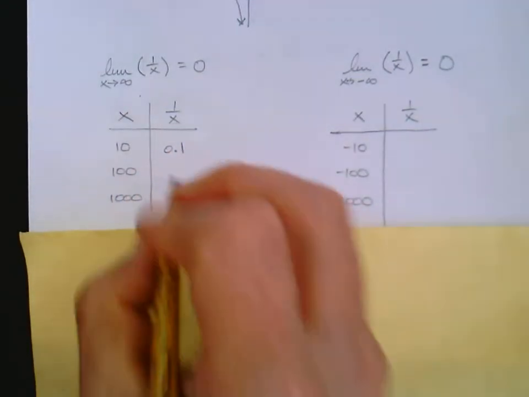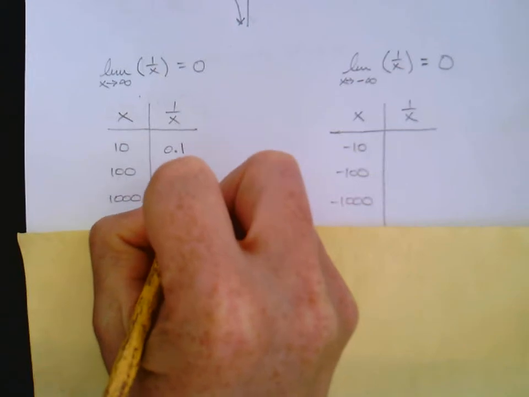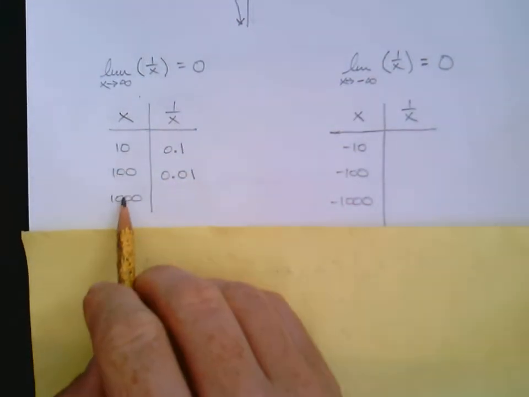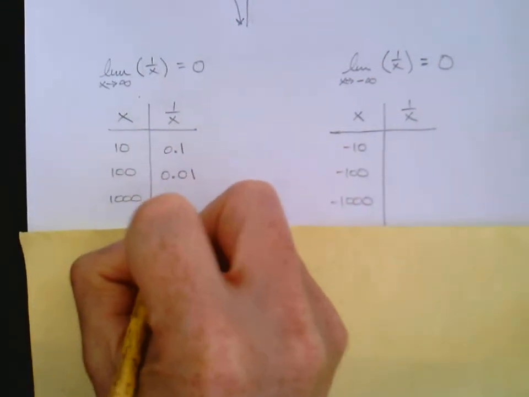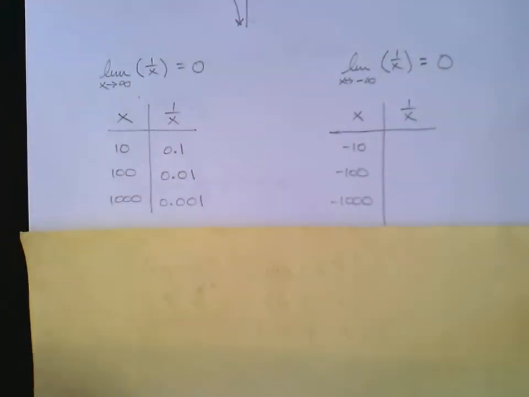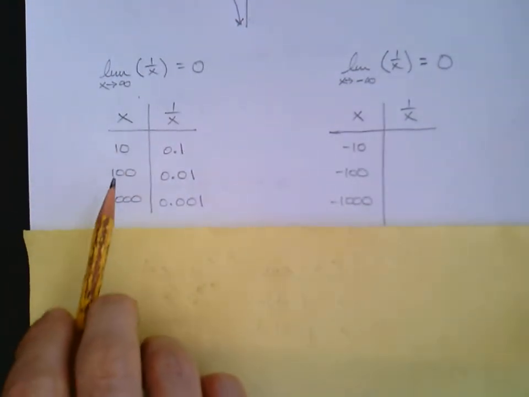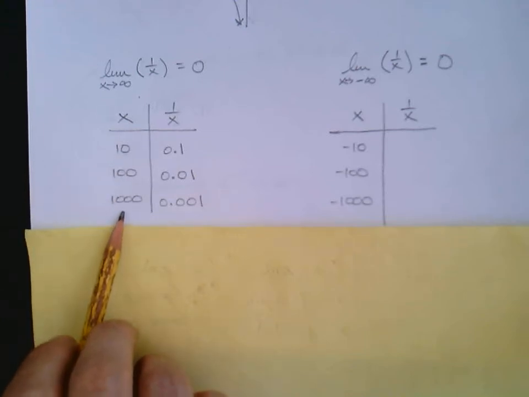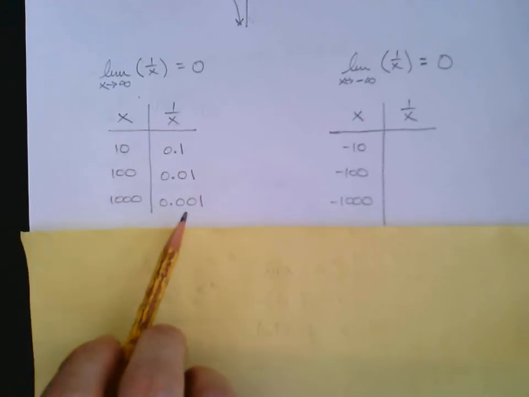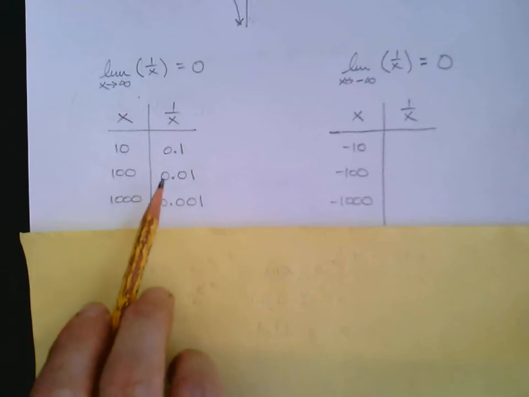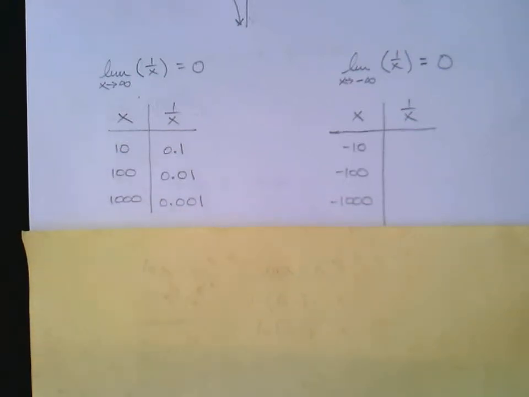Well, 1 over 100, 0.01. And finally 1000, 0.001. Maybe that's helpful. As x is getting bigger and bigger, that decimal is getting smaller and smaller. It's always positive, but it's definitely headed towards 0. The bigger this number, the closer this is to 0.